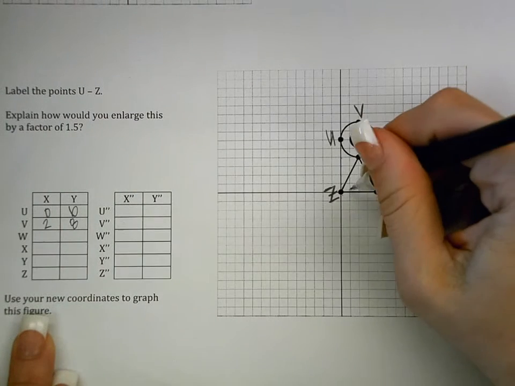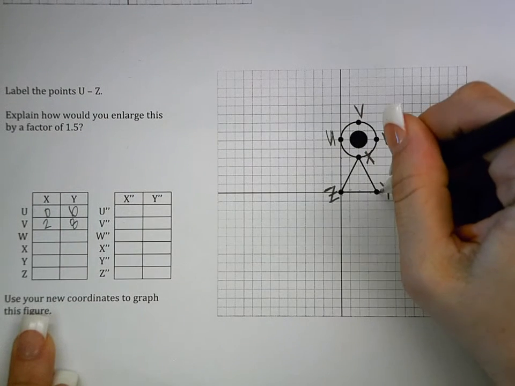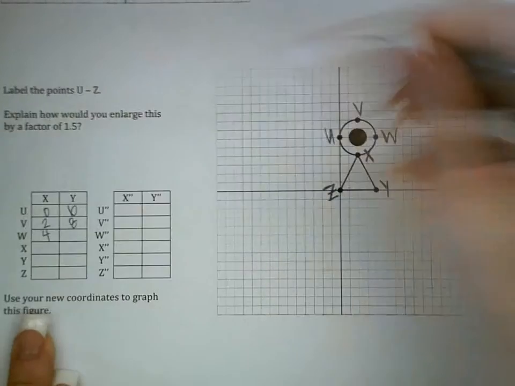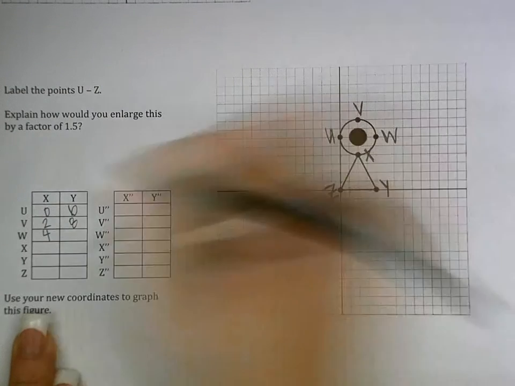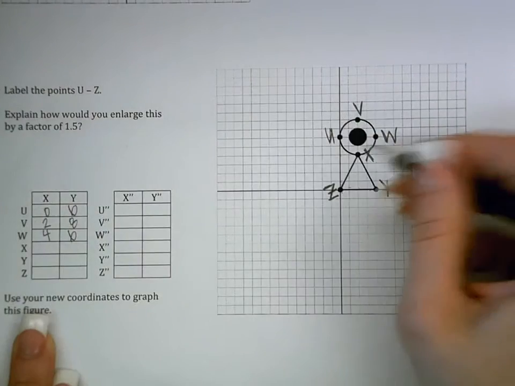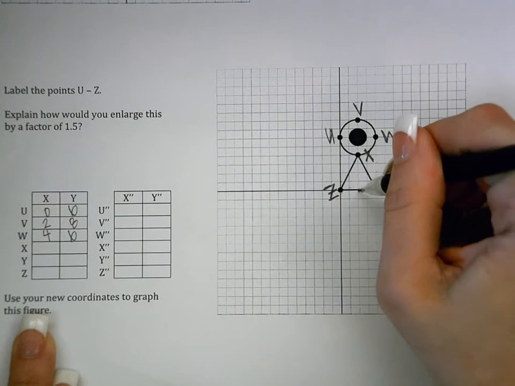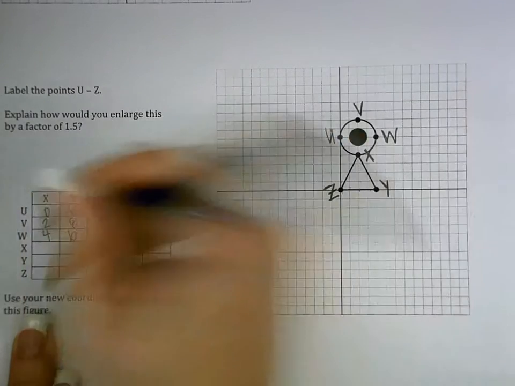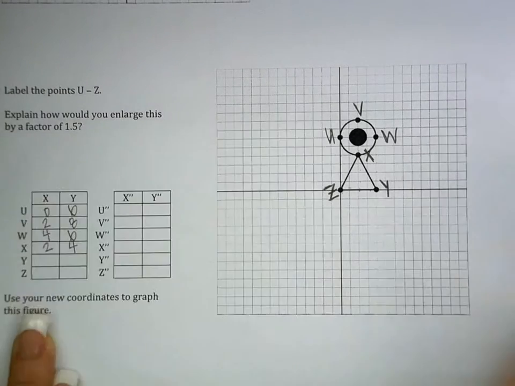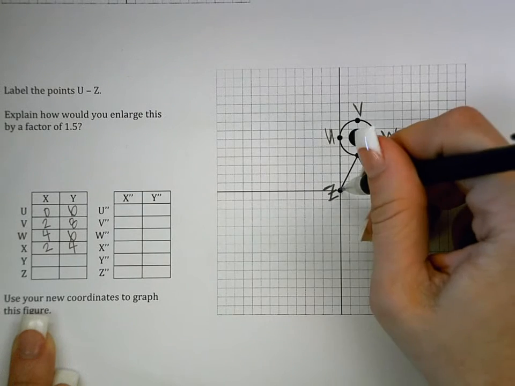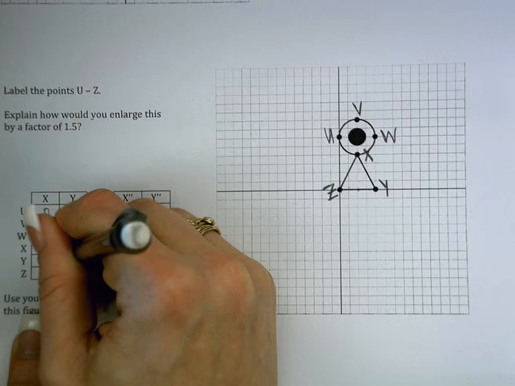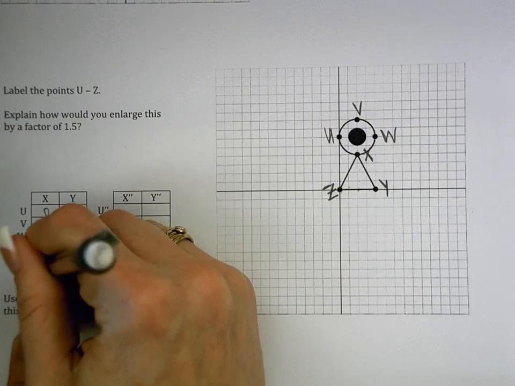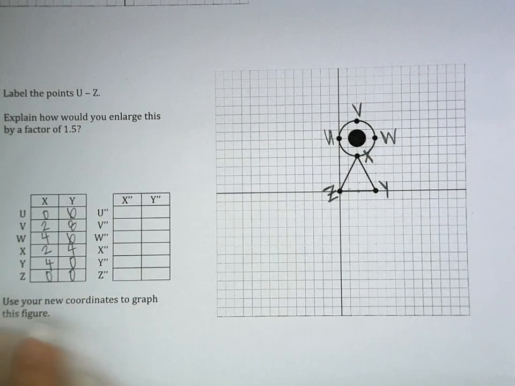W is over 1, 2, 3, 4, up 1, 2, 3, 4, 5, 6. X is over 2 and up 1, 2, 3, 4. So 2, 4. Y is over 1, 2, 3, 4 and up 0. And Z, that one's easy, it's at 0, 0.